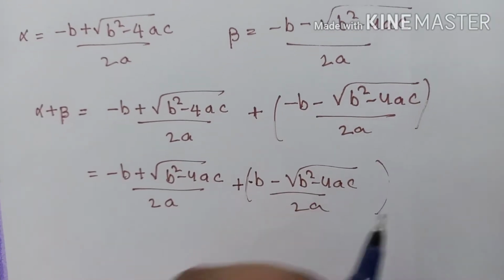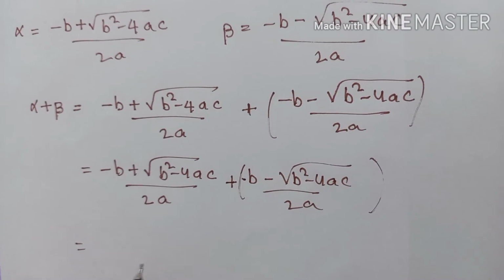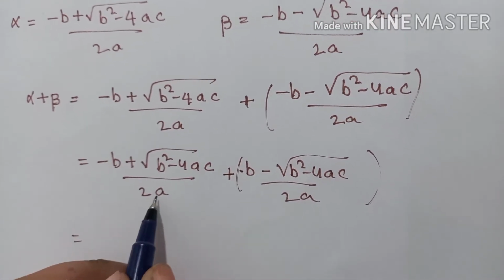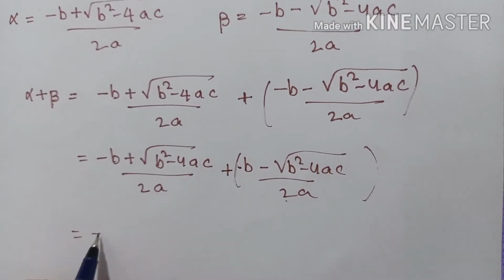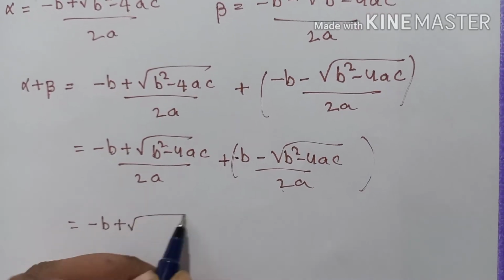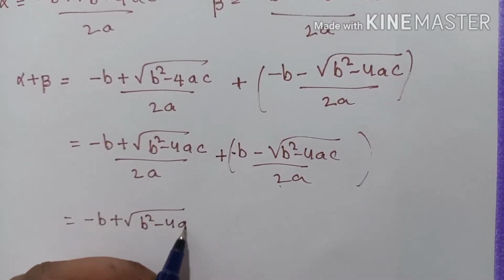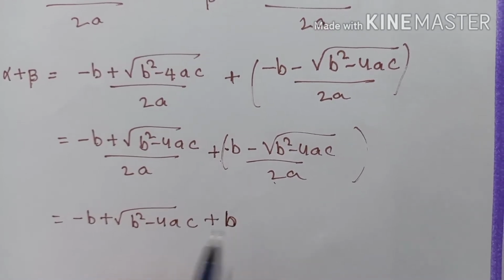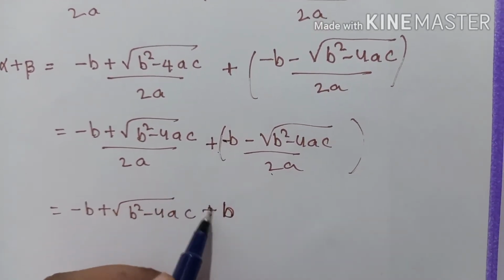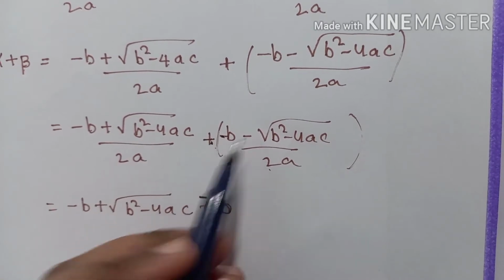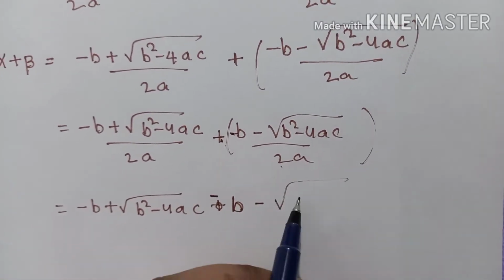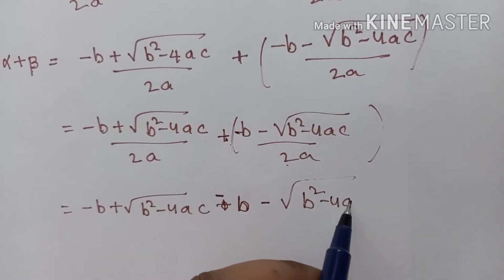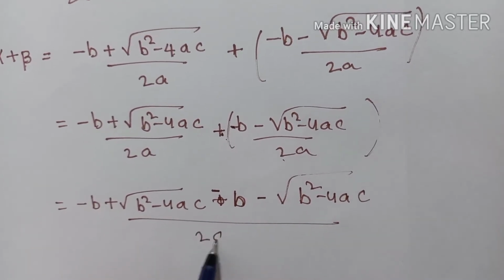Now taking the LCM on both sides, as the denominator is the same, it is minus b plus under root b square minus 4ac, plus into minus is minus b, minus under root b square minus 4ac, by 2a.